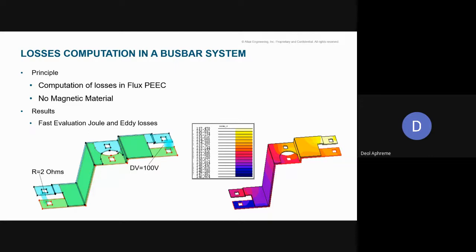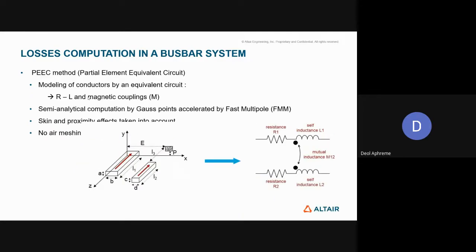You can definitely visualize those losses, in which region what sort of losses are occurring. And if you have too many joints, there can be a loss area. If you have bends, what are the effects of these bends and their position, all this can be visualized in Flux PEEC.